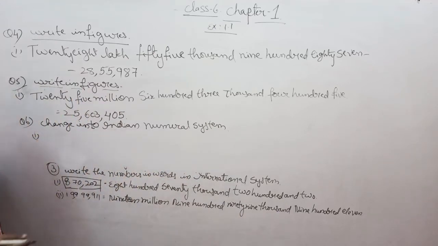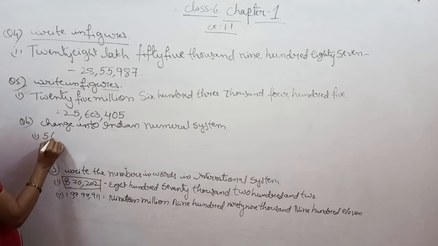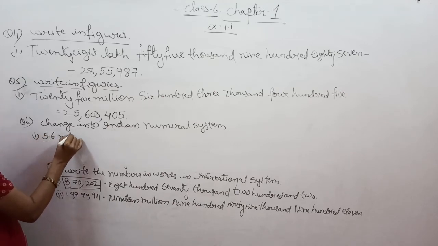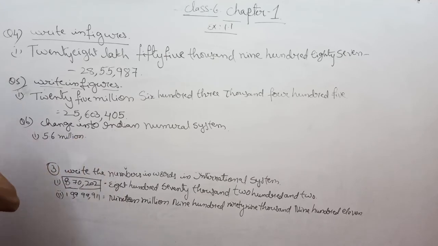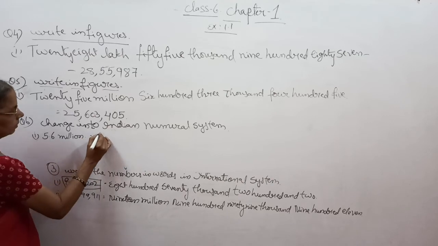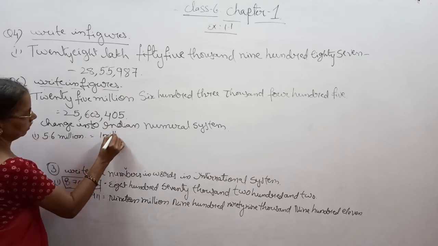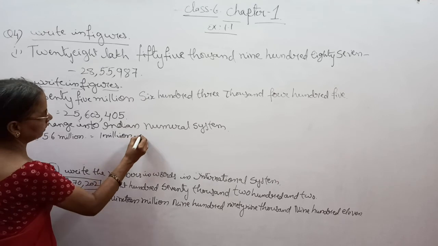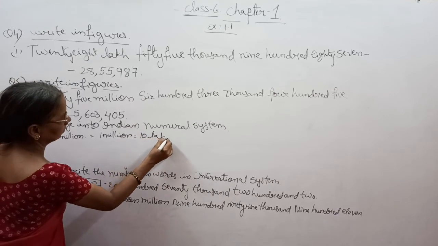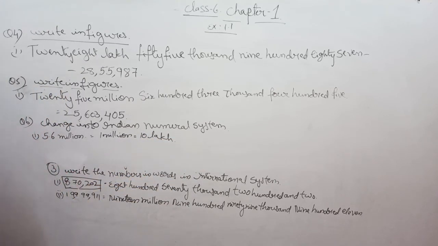First question, 5.6 million. It means 1 million equals 10 lakh. 1 million equals 10 lakhs.